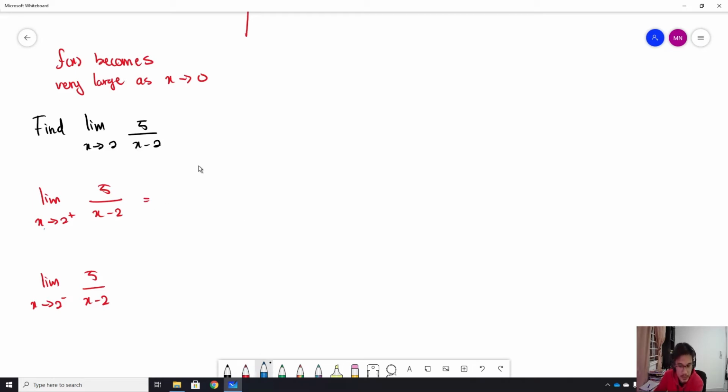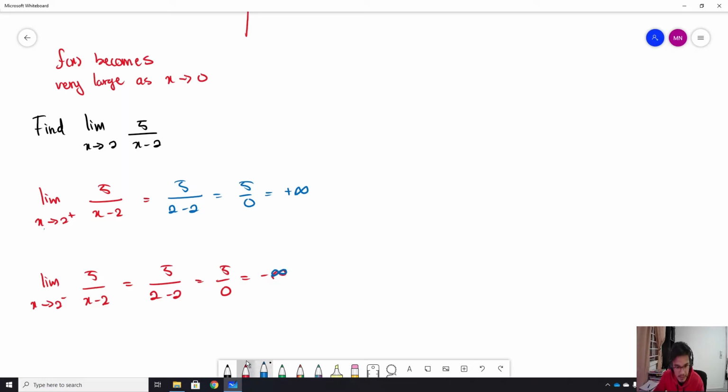When we substitute the value, we have 5 over 2 minus 2, which is 5 over 0, so it will be equal to positive infinity. For the lower one, we have 5 over 2 minus 2 equal to 5 over 0 equal to negative infinity.